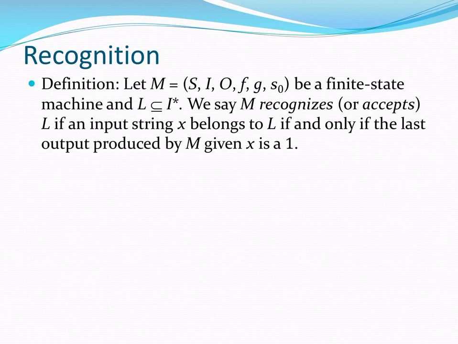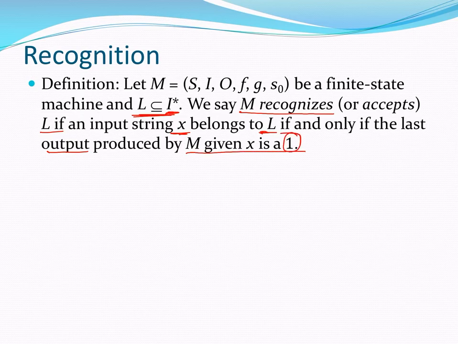if we have a language, which is a subset of all possible strings under my input function, we say that M recognizes the language if an input string X belongs to L if and only if the last output produced by our machine is a 1.